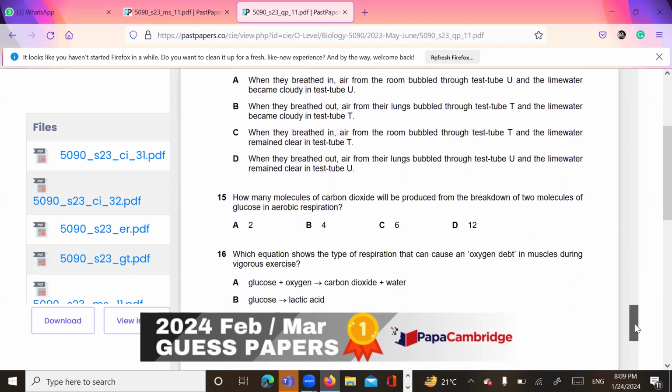So now let's move towards question number 15. How many molecules of carbon dioxide will be produced from the breakdown of 2 molecules of glucose in aerobic respiration? So let's look at the options we have available.